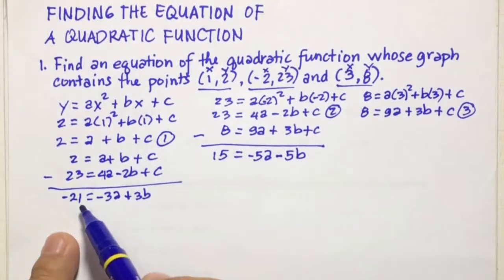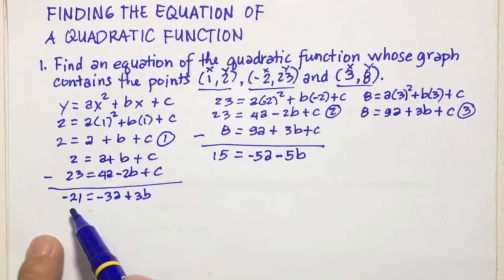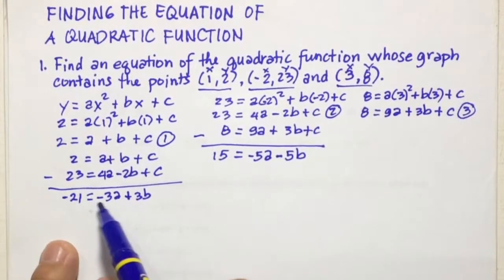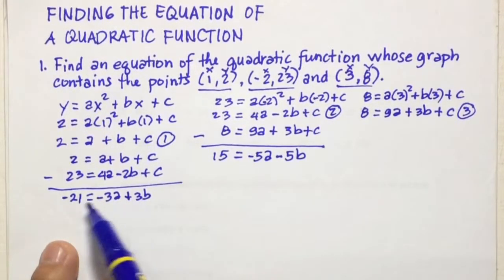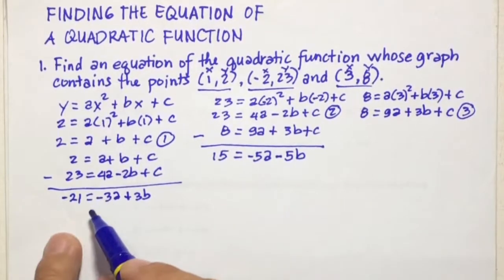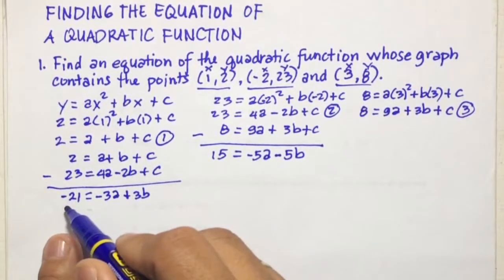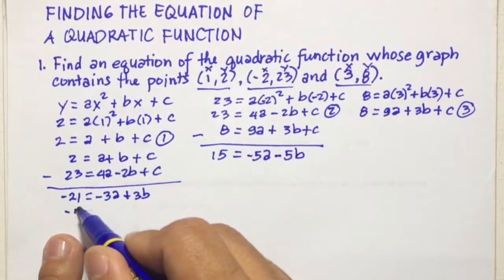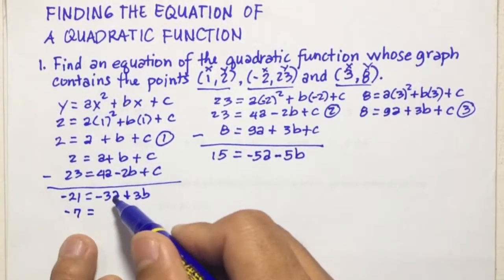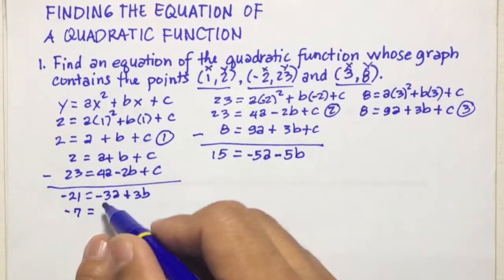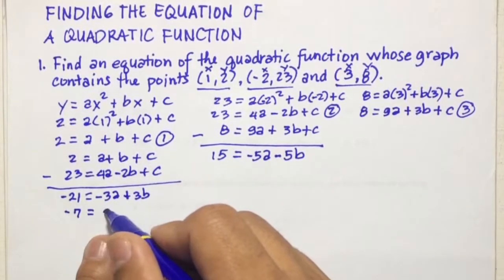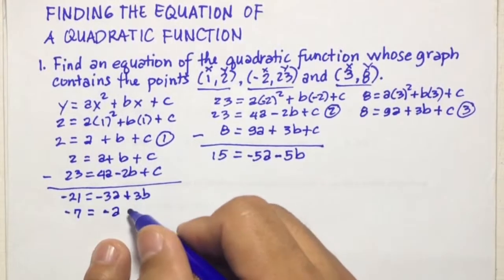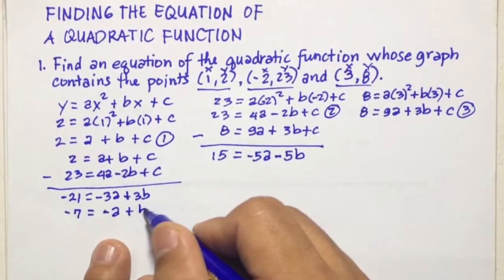Now in this first equation, we can simplify by dividing by 3 because all of the numerical coefficients and constants are divisible by 3. So negative 21 divided by 3 is negative 7, negative 3a divided by 3 is negative a, and 3b divided by 3 is plus b.